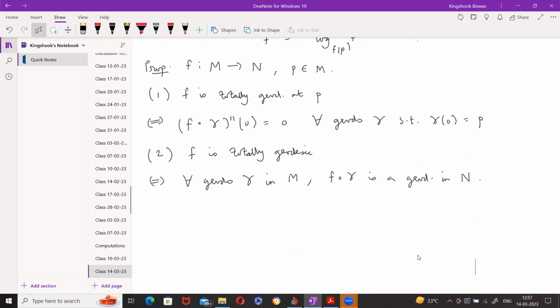That's why, hence the name totally geodesic, because it maps geodesics to geodesics. Okay.